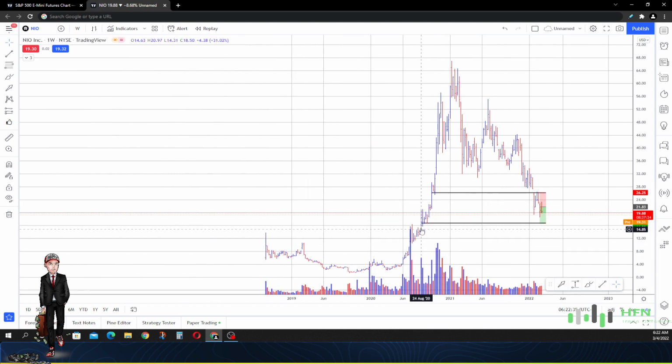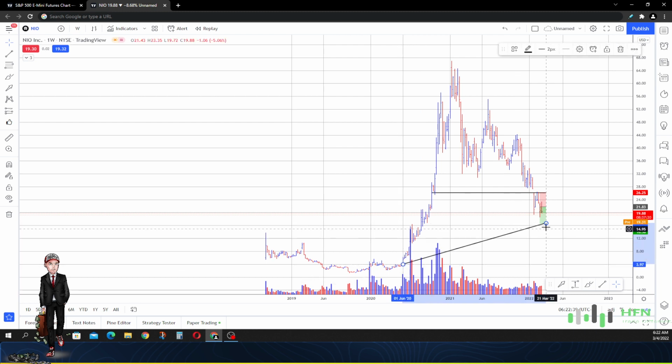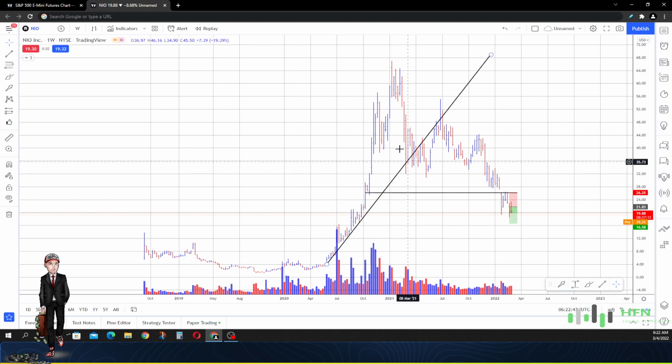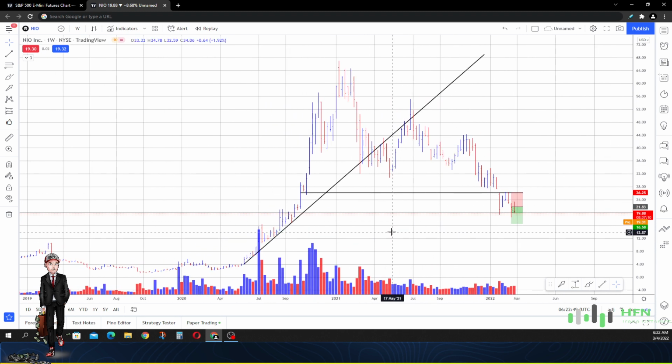So what I wanted to show you again is that this trend right here, if the market in NIO was truly strong, if this was truly a buyer's market, this is where you want to say dollar cost average. This is where you want to say buy the dip, right?